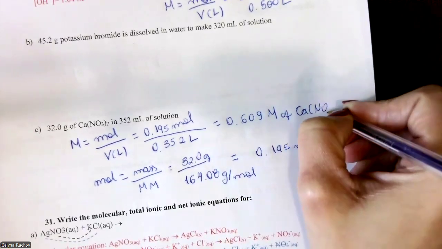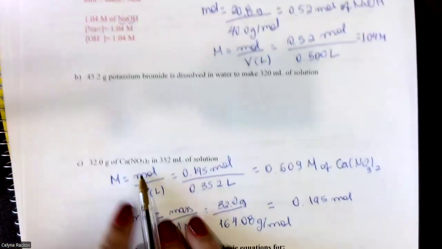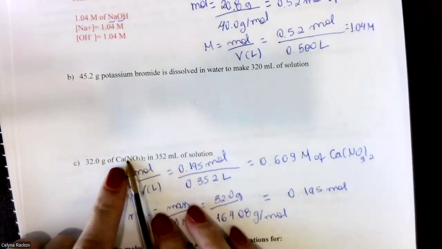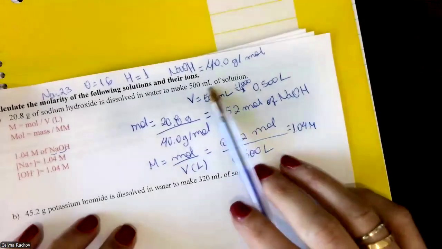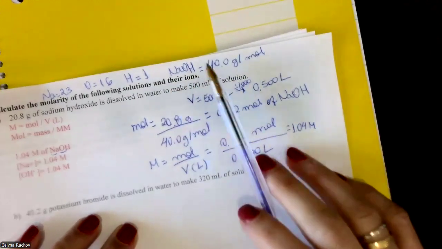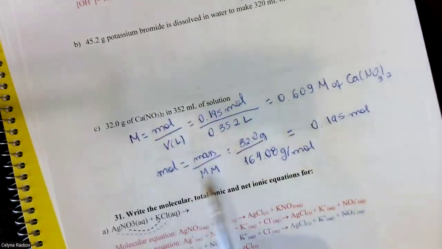Calcium nitrate. So this portion here only answers the concentration for the solution, for the compound. But the question asks for the ions. So the ions here. How many calciums do we have here? Only one.